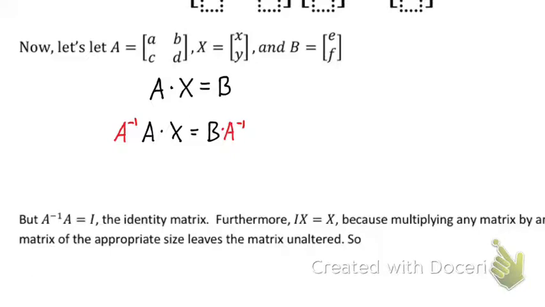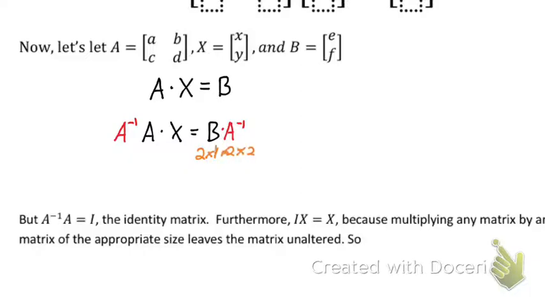Because it changes if you switch the order of multiplication. Not only does it change it, you actually can't multiply this. Because what's the size of matrix B? It is a 2 by 1. What's the size of matrix A? 2 by 2, which would also be our matrix here.